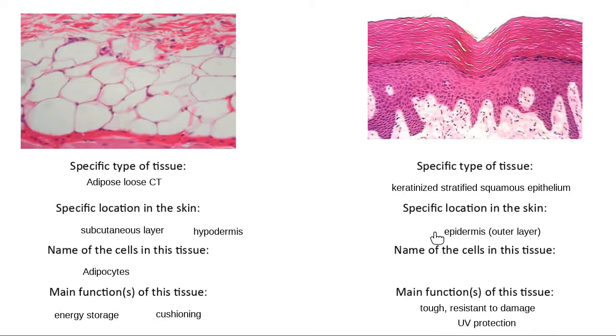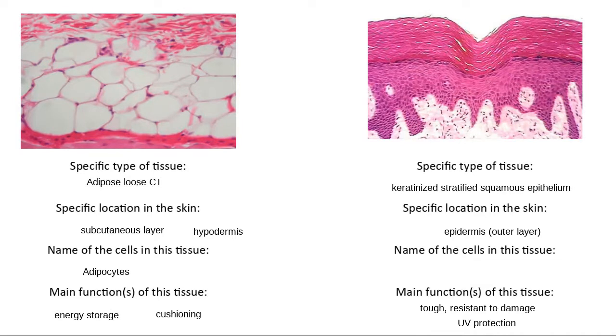The UV protection comes from the type of cells we'll talk about in a moment called melanocytes. But most of the cells that I find in this part of the skin here, what's the name of most of the cells in the epidermis layer of the skin? Most of the cells in this tissue. Yeah, their name comes from the protein that they make, the keratin protein.